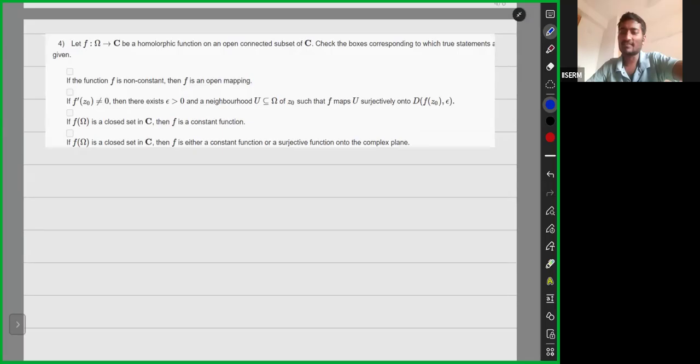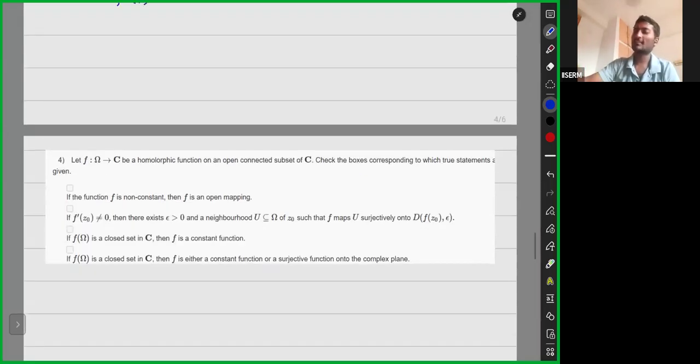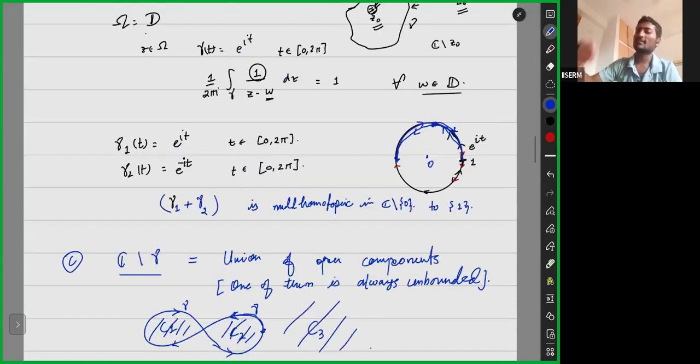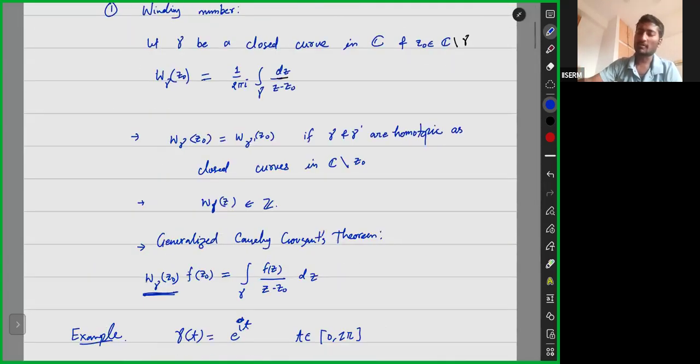The function is non-constant and f is an open mapping. Yeah. So again, I was telling something on the open mapping theorem.